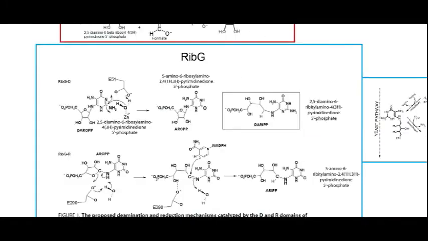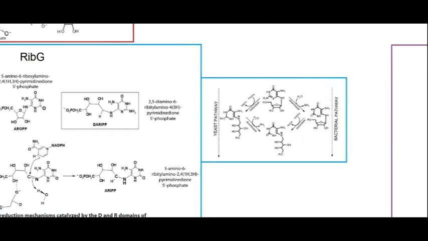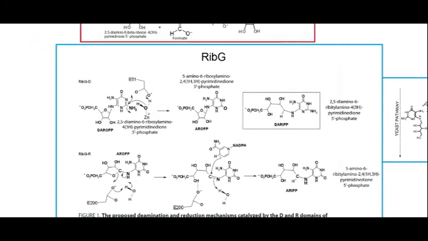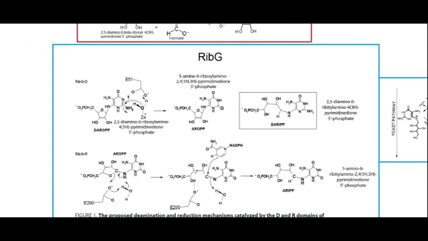So now this RibG or RibD or the Rib7 and Rib2, so the yeast pathway doing the reduction and then the deamination first, the bacterial pathway doing the deamination, the reduction first. And so they've broken this up. So this is actually in RibD.